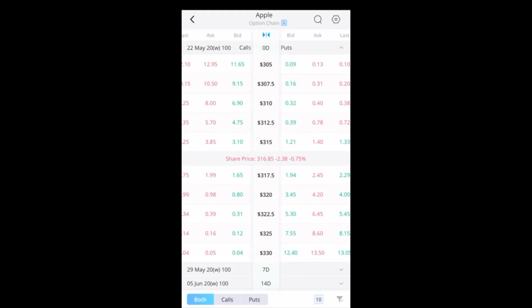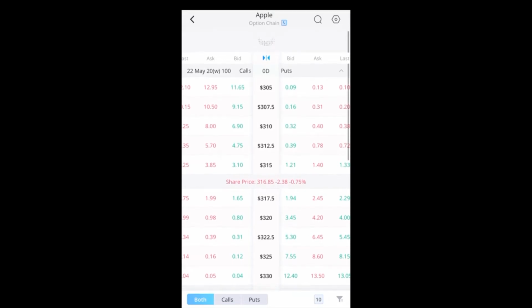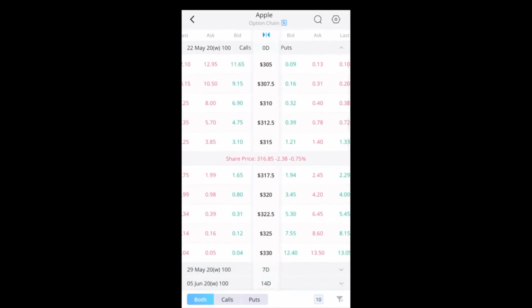So let's say you own a lot of Apple stock and you knew that there was going to be some short-term drop in price, whether it's bad news or whether the overall market is dropping. You could then, instead of selling your Apple stock, put in a put option order. Let's say that you thought Apple stock price is going to drop to $305. You could then put in a put order for the Apple stock.